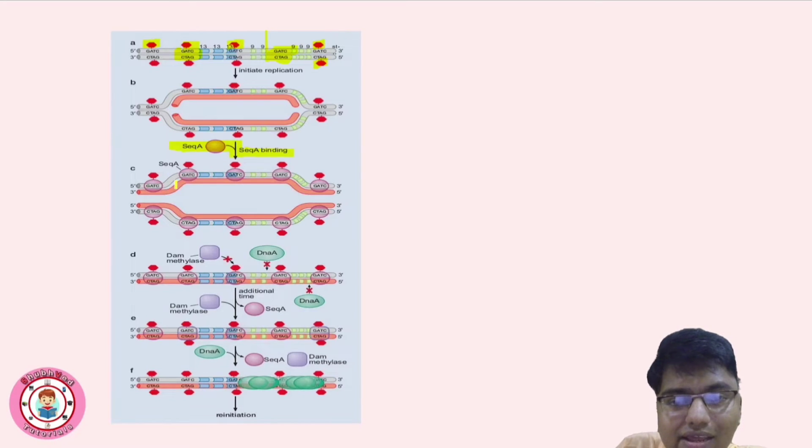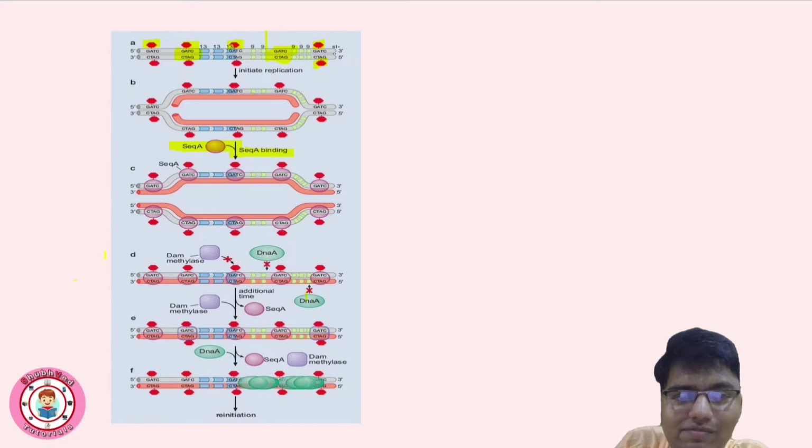So it recognizes that this is a hemimethylated DNA strand, so replication cannot be initiated here. This is an indication that we should not start replication, because this is a hemimethylated, newly synthesized strand.